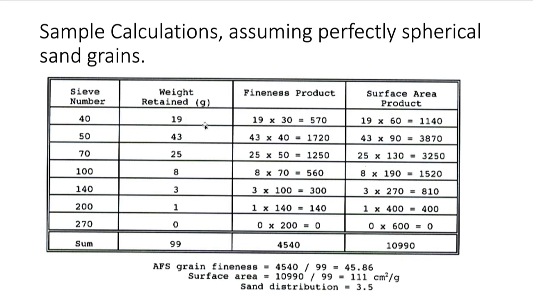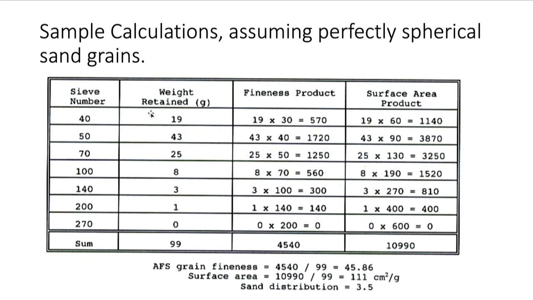The total weight was 99 grams, so you have to do it out of 99 instead of 100. They didn't put 100 grams in there, which is okay. You just have to do it according to the total grams as a percentage. But it's pretty close. We can see that the 40, the 43, the 19 and 43 and 25 grams, those are all one sieve. And then the 8 would be a half sieve. So this is a 3.5 sieve sand, or the distribution is 3.5 screens.